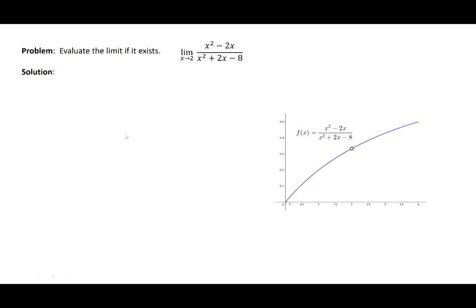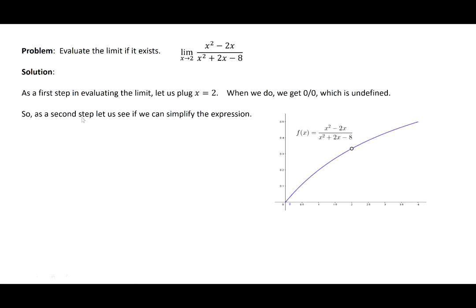So solution, as a first step in evaluating the limit, let us plug in x equals 2. This is what I was talking about. When we do, we get 0 over 0, which is undefined. Right? All right. So as a second step, let us see if we can simplify the expression. That's the idea. Can we simplify what we got there?